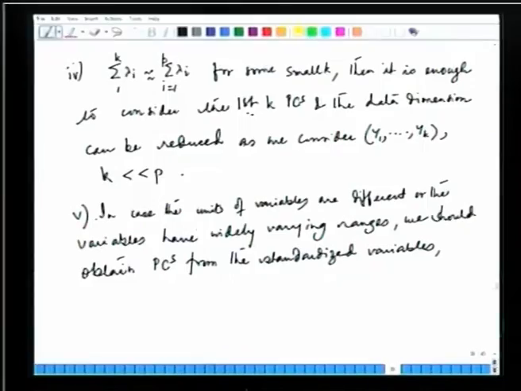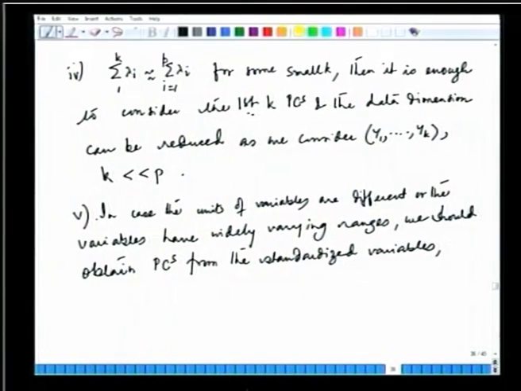Okay. So, everything is getting replaced by the correlation coefficient matrix rho, where initially we worked with the covariance matrix sigma.